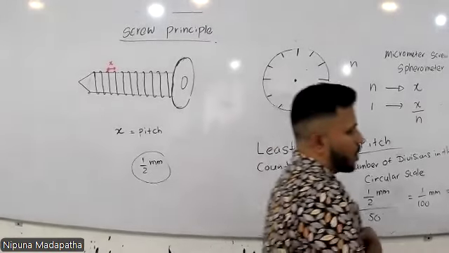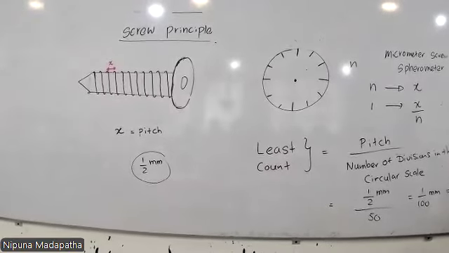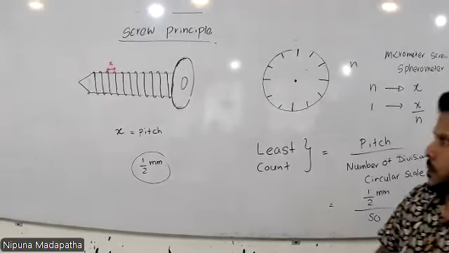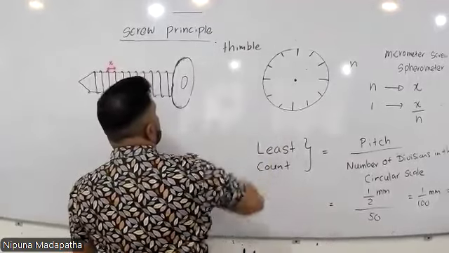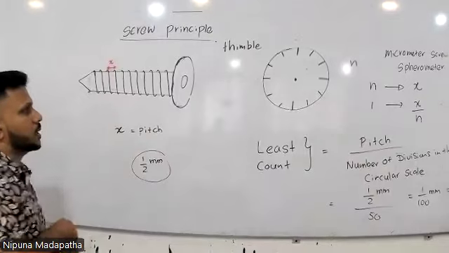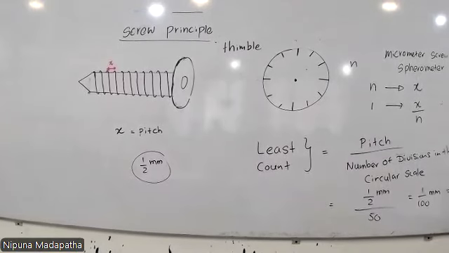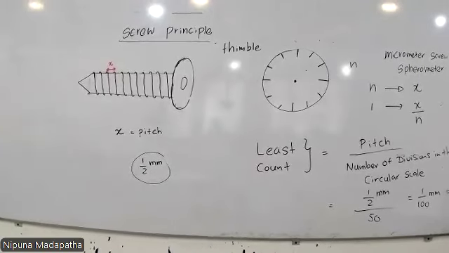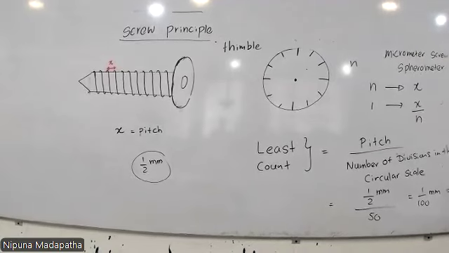Suppose the thimble, within bracket head, of the screw has been divided into simple n equal divisions.